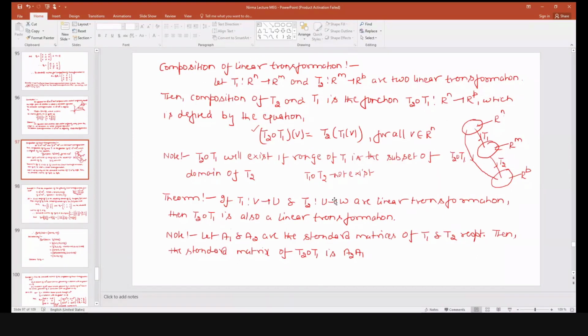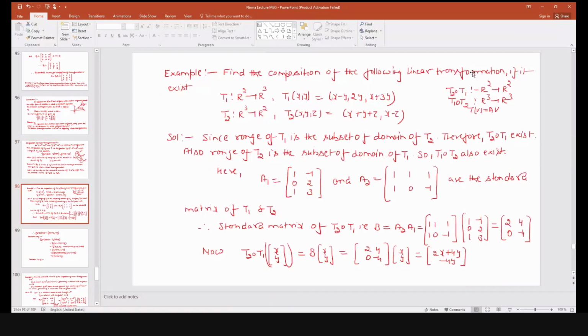This question is visible. Find the following linear transformations if they exist. The first transformation T1 is from R2 to R3, defined by T1(x, y) = (x − y, 2y, x + 3y), and T2 is defined from R3 to R2 by T2(x, y, z) = (x + y + z, x − z). You have to find the composition of the transformations. Since the range of T1 is a subset of R3, and R3 is the domain of T2, the range of T1 is a subset of the domain of T2.